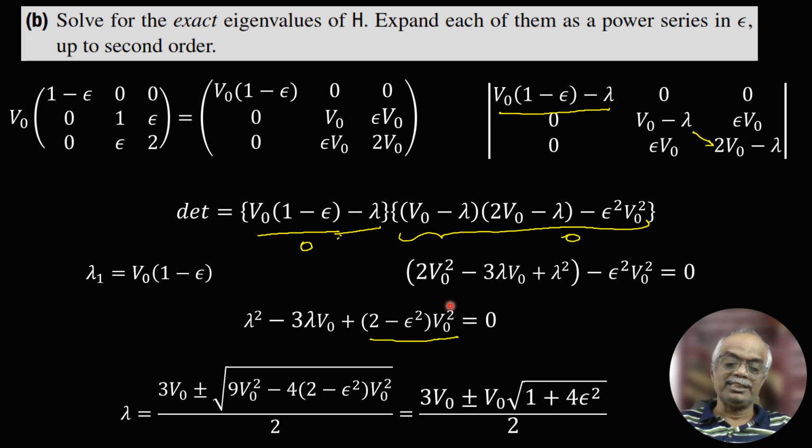Now you take V naught squared outside. Since it is under the square root, it will simply become V naught. Then 9 minus 4 times 2 is 8, and 9 minus 8 is equal to 1. Then minus 4 times epsilon squared. So this will become the square root of 1 plus 4 epsilon squared, divided by 2.